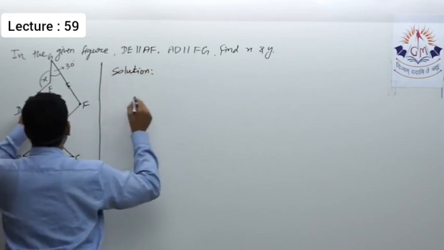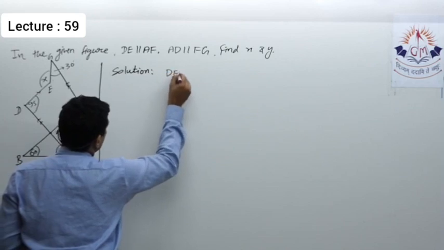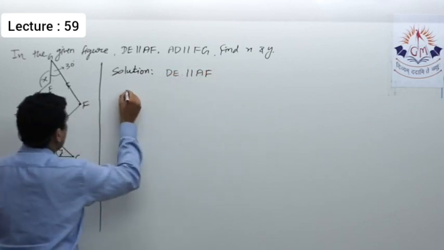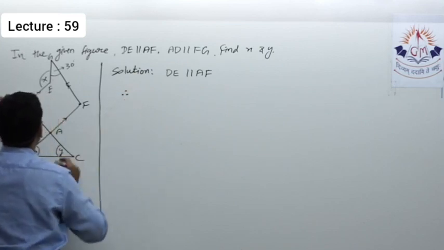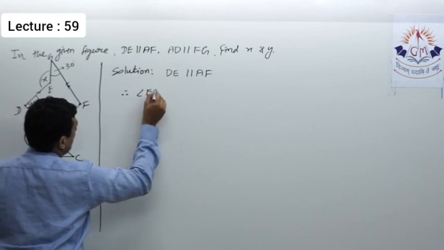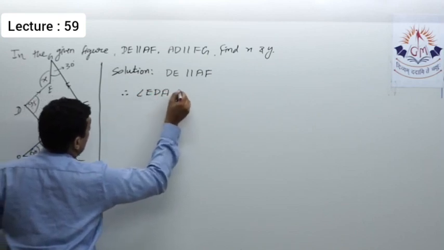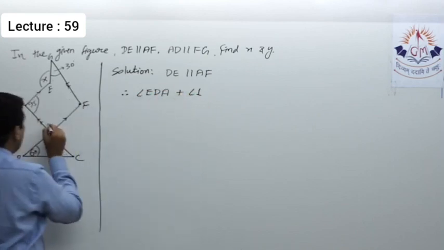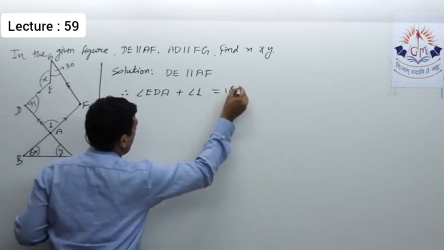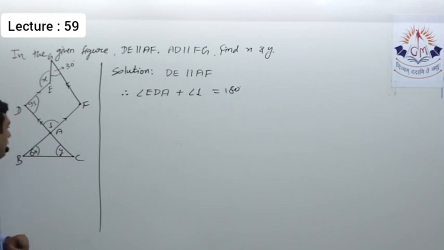Solution. See, DE is parallel to AF. As DE is parallel to AF, I can say this angle EDA plus angle 1, I'm taking this as angle 1, is equal to 180 degrees.